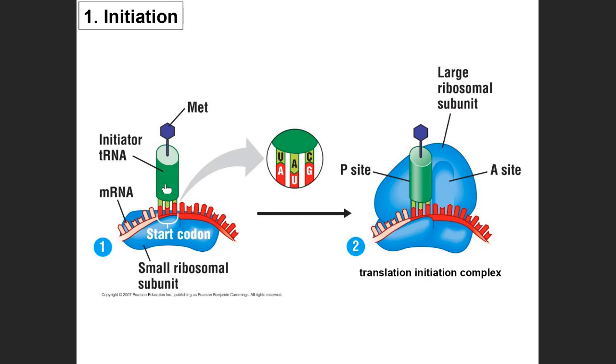Second, an initiator tRNA with the amino acid MET, for methionine, will attach to the mRNA start codon. So if you look here, they're showing you this here is this here. This initiator tRNA will have an anticodon that reads left to right UAC. And I already told you the mRNA start codon is AUG.